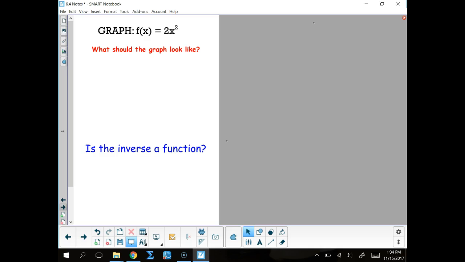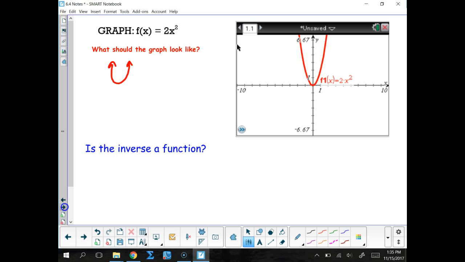Anything in the middle? Parabola, right? And it should be going up, right? Because we have a positive lead coefficient. So it should look like that. This is what it actually looks like, which is what we determined.